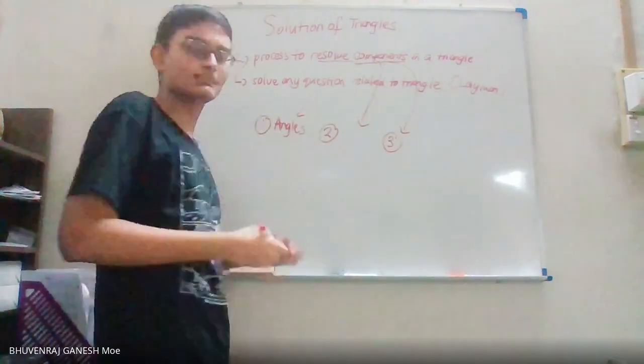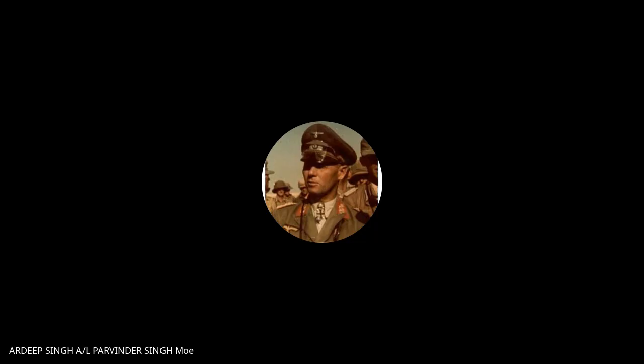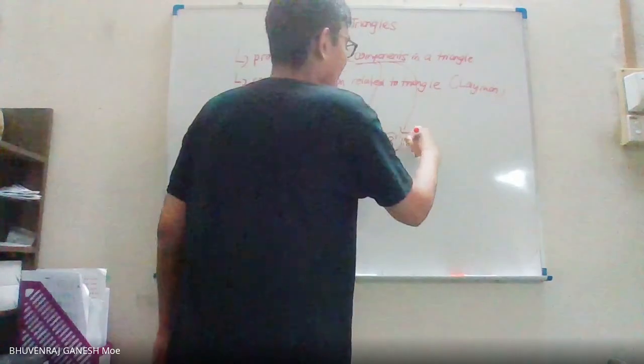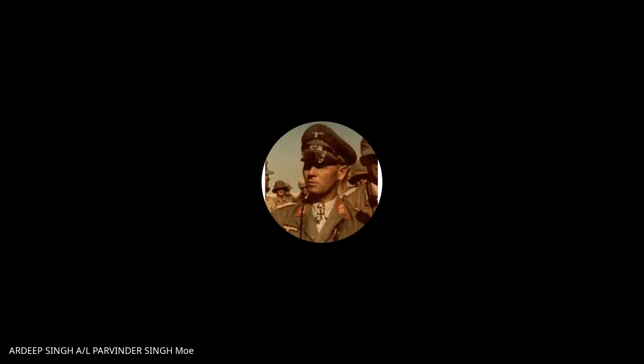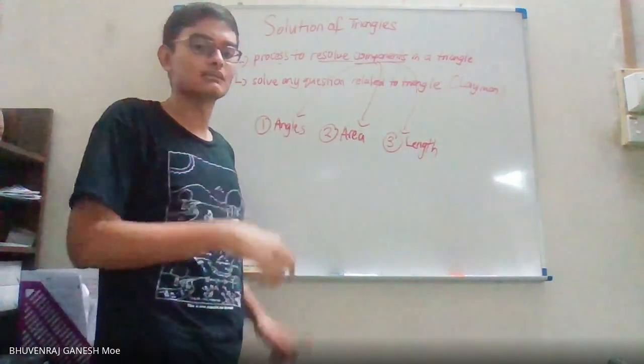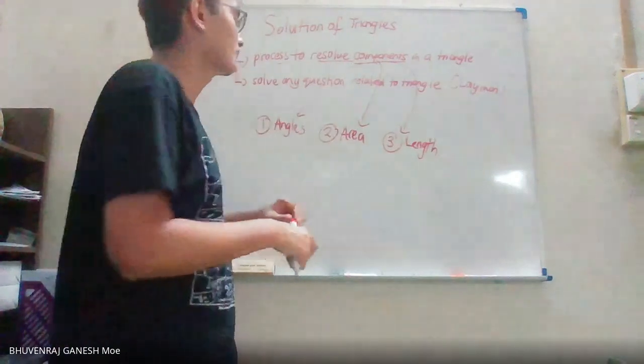The second one is area, the area of triangles. And the third one is length. You are asked to find the length of any given side of the triangle, out of the three sides, and then you will apply the formulas.